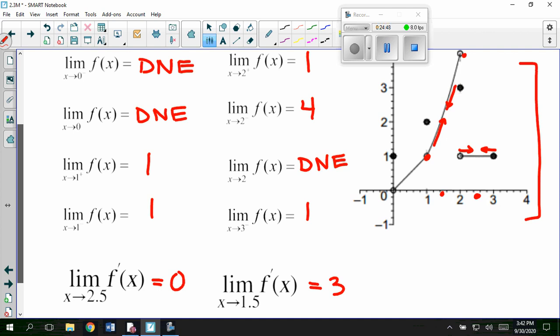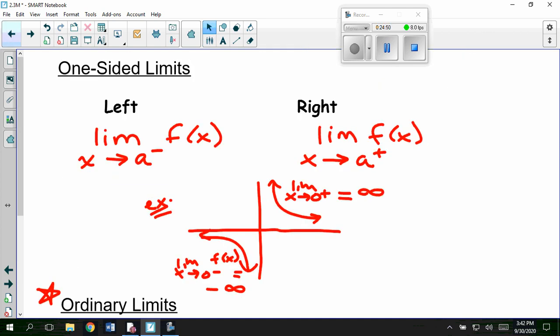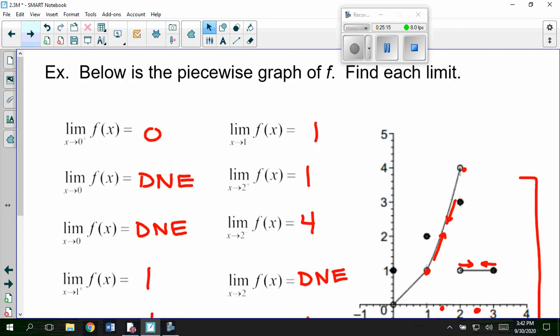Remember a screen before, we had this talk about limits, as we approach things could go up to infinity or down to negative infinity. That can absolutely still be a part of your conversations in some of the piecewise graphs. So be prepared to see some of those answers also, even though the example that I did on this last screen did not have any infinities. And we assume that you would understand that there are possibilities there.